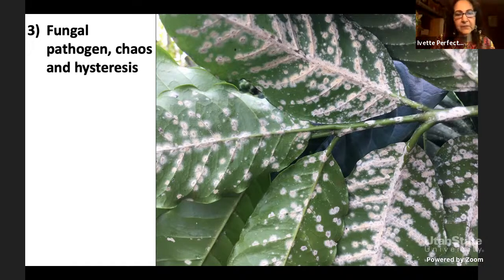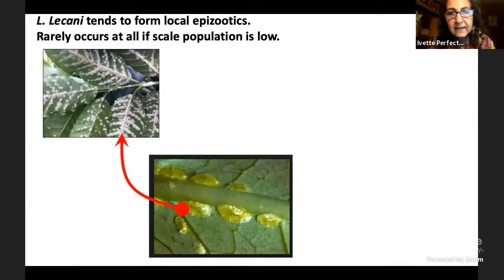This fungus spreads fairly fast among the population of the scales. So the fungus tends to form local epizootics on the scales when the scale is at a very high density, but rarely occurs if the scales are at very low population densities.